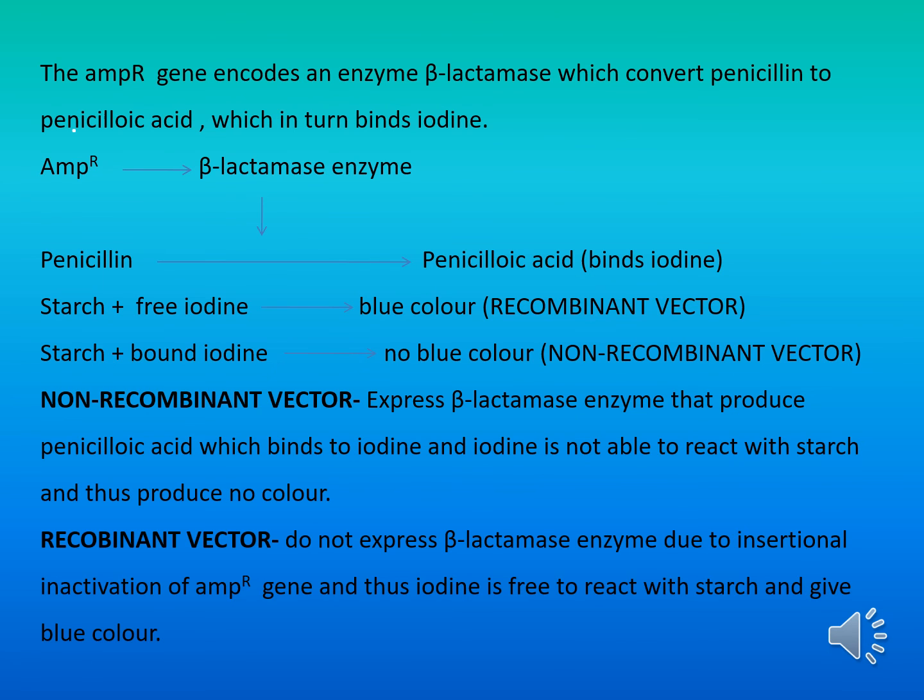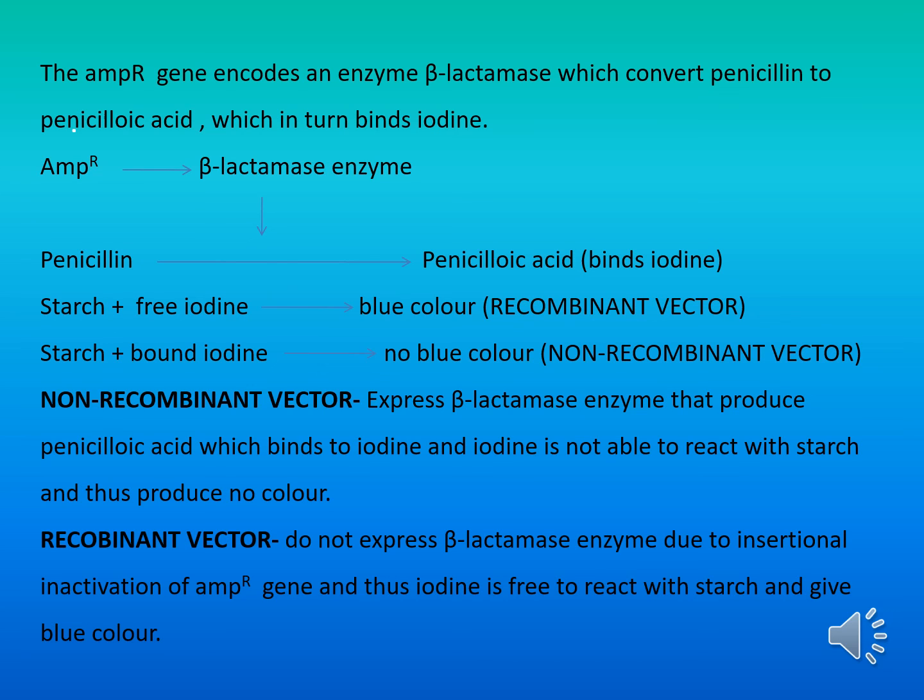Now, what is the role of starch in selection of transformed E. coli cells? As we saw in the previous slide, the ampicillin resistance gene encodes an enzyme, beta-lactamase. This enzyme converts the penicillin antibiotic to penicilloic acid. This penicilloic acid binds iodine, and when iodine is in bound form, then it is not able to react with the starch and no blue color is formed.